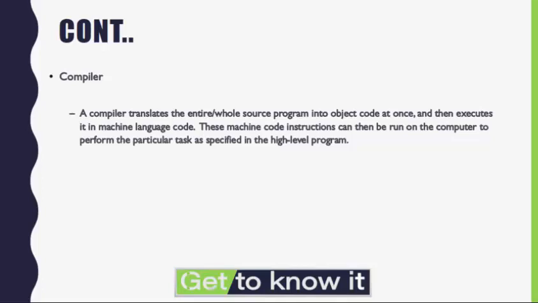Like add will be for addition, sub will be for subtraction, and so on. So instead of writing the whole word, you just write it in short form. So we usually call them mnemonics. But again, if you make a mistake in writing them, or you write the long one, you find that the program will not be executed, or it will not even be translated.